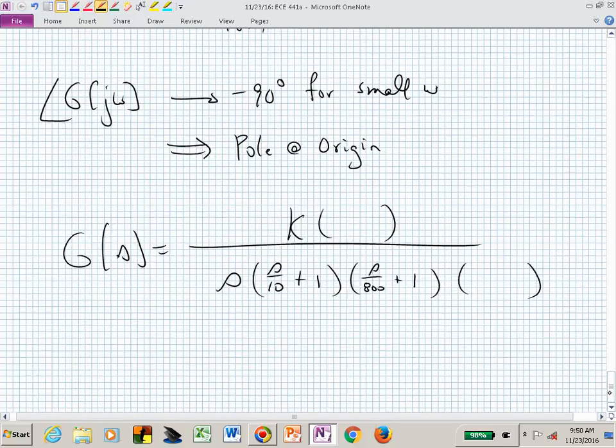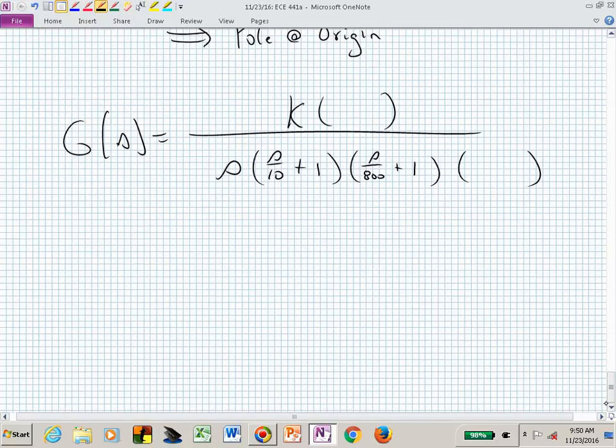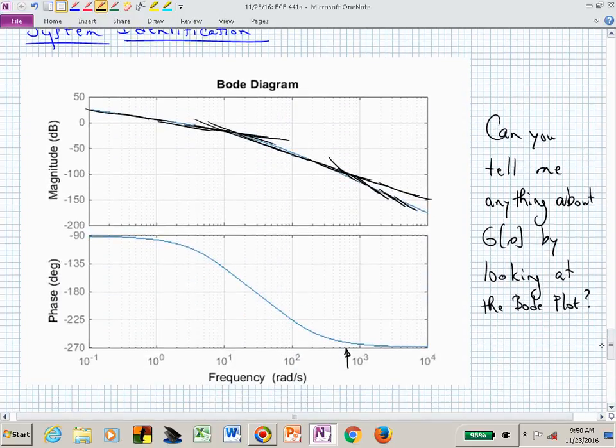And now we would have to find K. How do we find K? We could now say, let's go back to a low frequency, maybe before any of our poles start breaking, before 10, and just find, maybe we could even find where it crossed 0 dB.